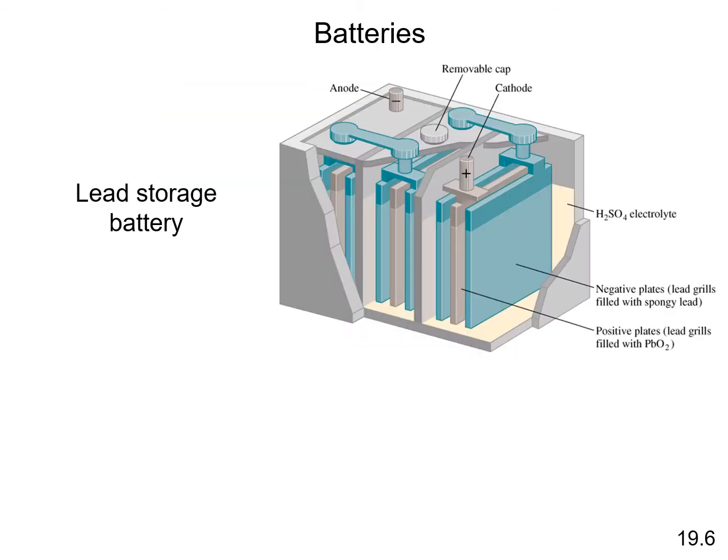Another type is the lead acid batteries. This is in our cars. This actually is made of 6 identical cells in series, and each of these delivers around 2 volts. So our anode is the lead, and then lead oxide is our cathode, that is immersed in sulfuric acid.